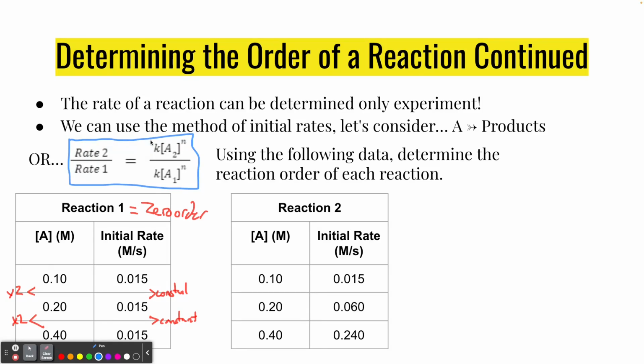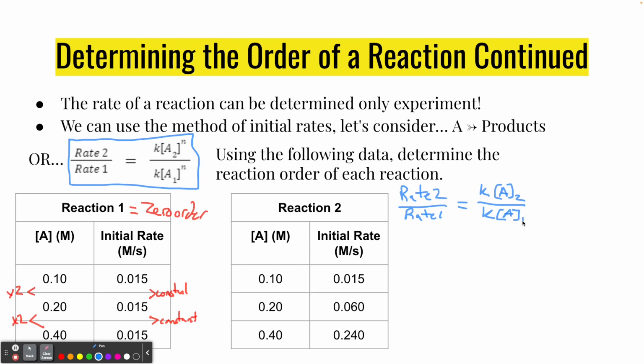Okay, so let's dive into this. I'm going to use this equation here, guys, with trials 1 and 2 when I'm doing my math. So here we go. We've got rate 2 over rate 1 is equal to k times the concentration of A at rate 2 time.